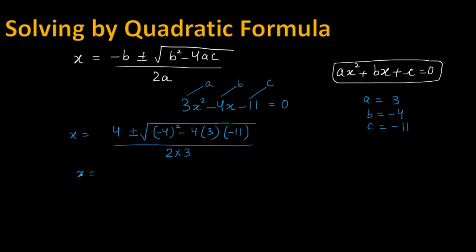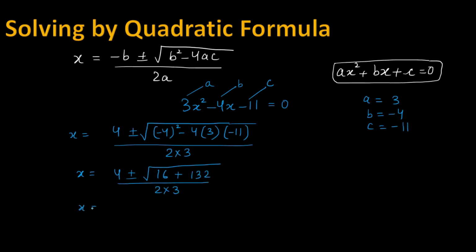Now let's solve this. This is 4 plus minus the square root of, this is 16, plus 4 into 3, 12, and 12 into 11, 132, divided by 2 into 3.